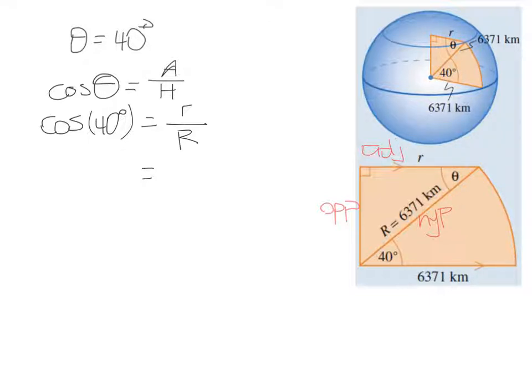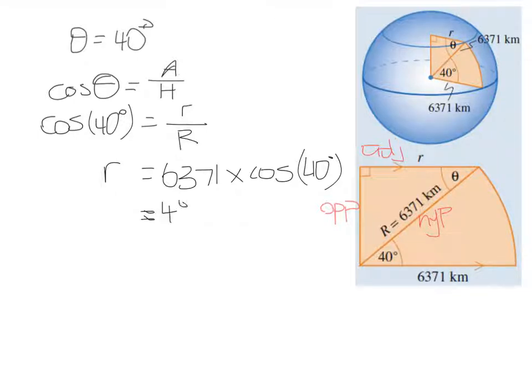If we rearrange, we end up with the radius of the small circle equaling 6,371 multiplied by the cosine of 40. And that will basically give us, technically it should be a wiggly equals sign, an approximation, we've rounded it, 4,880 kilometres.